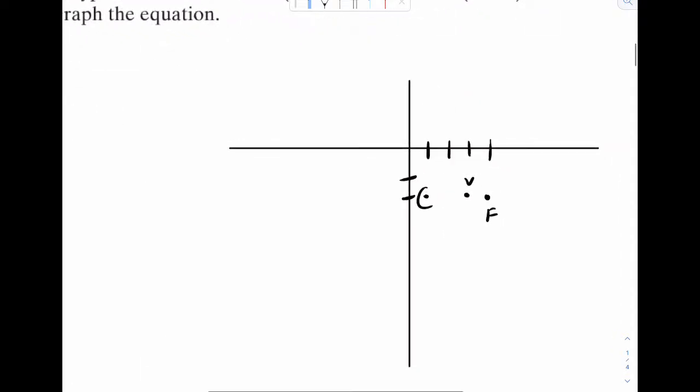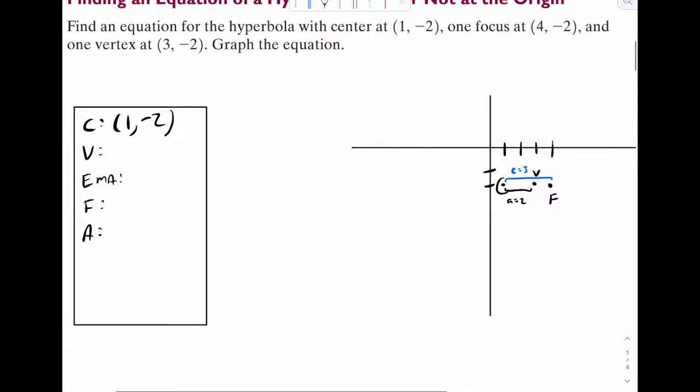So just by having this information, we can see that here to here is a, so a must be 2. And then center to focus is 3, so c must be 3. So that's already really helpful, because that would mean that if there's a vertex right here, I can make a vertex on the other side by going 2 units left.